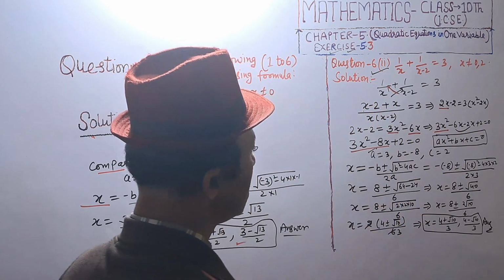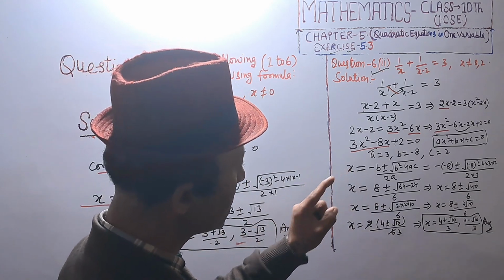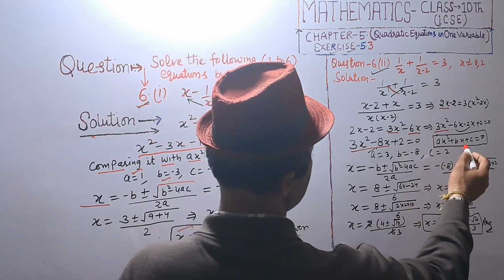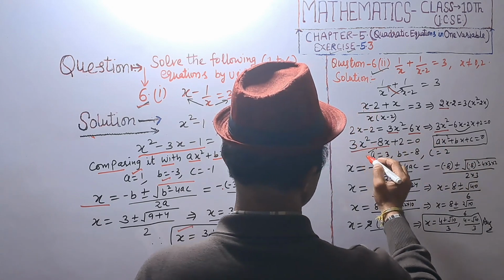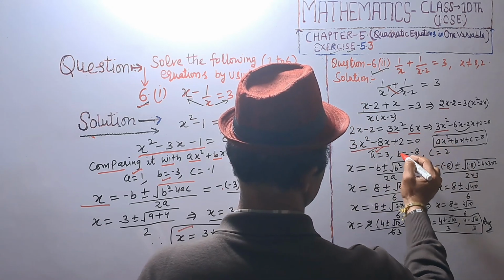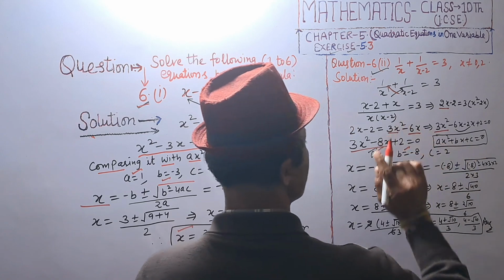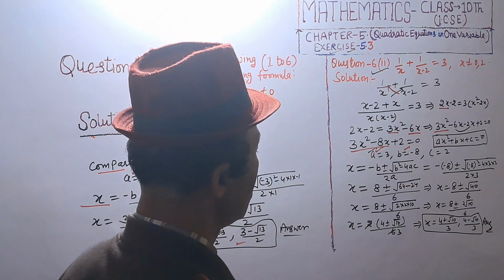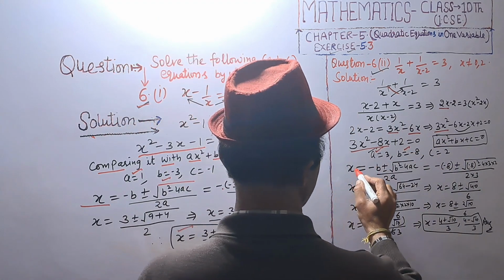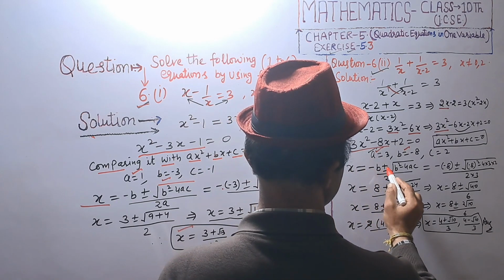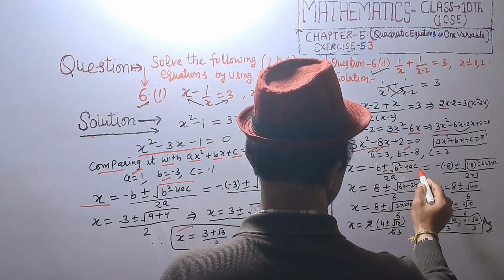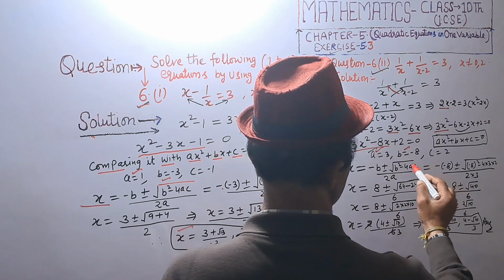And we are comparing this quadratic equation with ax square plus bx plus c is equal to 0. We get the value of a equal to 3, b equal to minus 8 and c is equal to positive 2. And we are using the formula x equal to minus b plus minus root b square minus 4ac upon 2a.